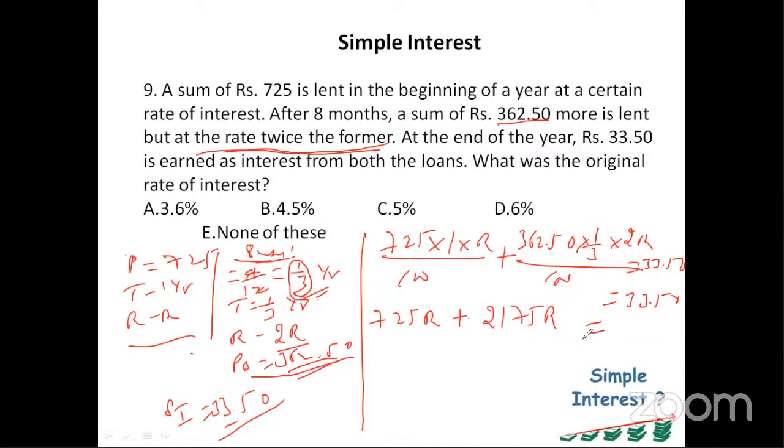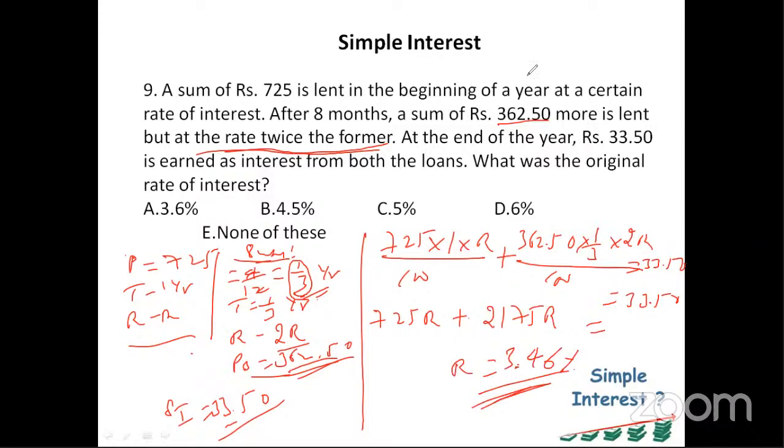On solving this, we get R. I'm not doing the complete mathematical calculation here because it will take some time to explain. I'm just doing the basic concept and giving you the final value, so that we can spend more time on understanding the concept rather than the calculations.